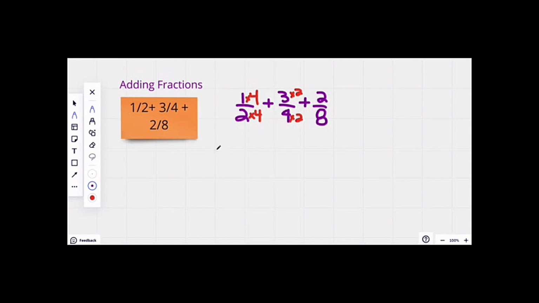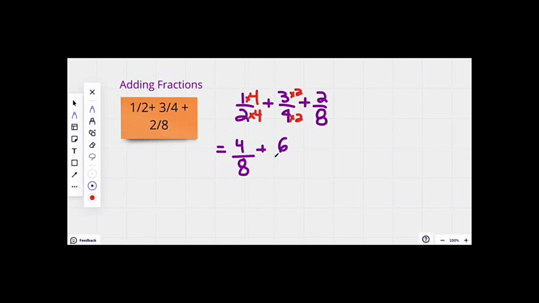Okay. So let's rewrite it now once we multiply those numbers. 1 times 4 equals 4. 2 times 4 equals 8. Okay. And we do our plus sign. Okay. 3 times 2 equals 6.